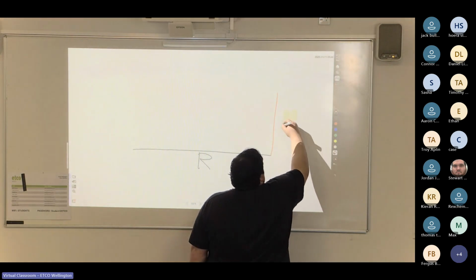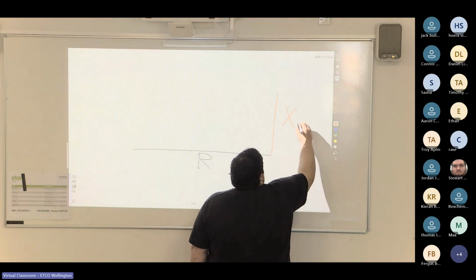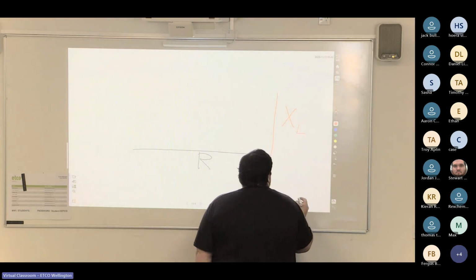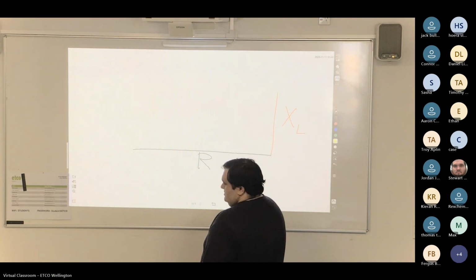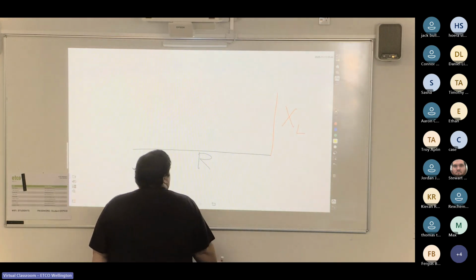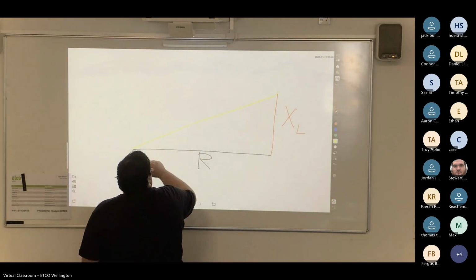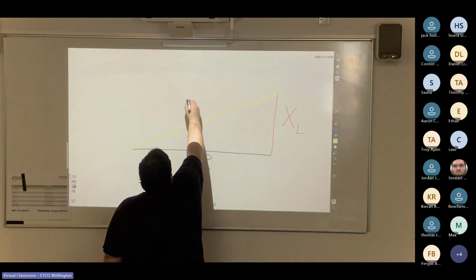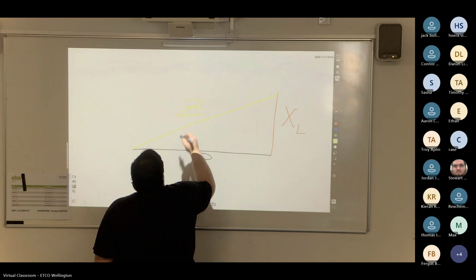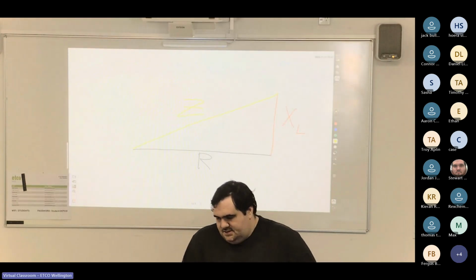Doesn't look very nice for that. So our X, lowercase l. So we only have a small amount of inductance versus the resistance that I've drawn. So now we join the two with our hypotenuse, Z for impedance. I'm just going to turn the lights off so you can see a bit better.